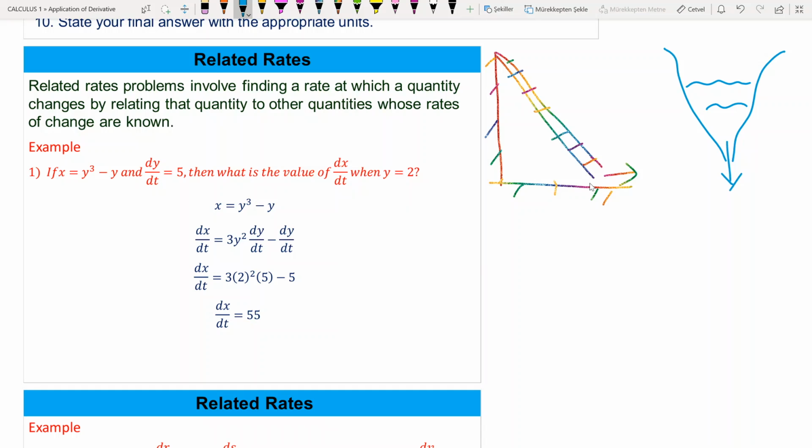The third one is the lamppost and the shadow. And the fourth one is the change in angle.